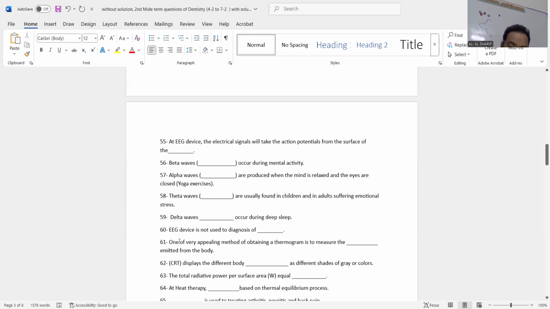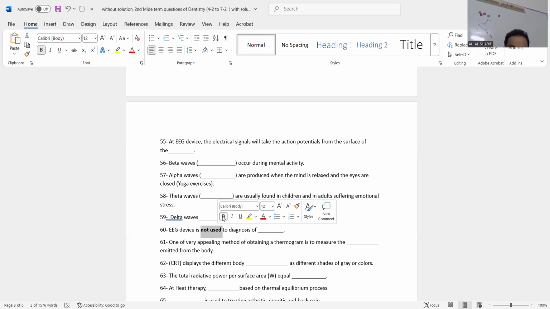The EEG device is not used to diagnose, is not used. Be careful, let me highlight it. Not used for what? The only applying method of obtaining a thermogram is to measure the radiation emitted from the body.